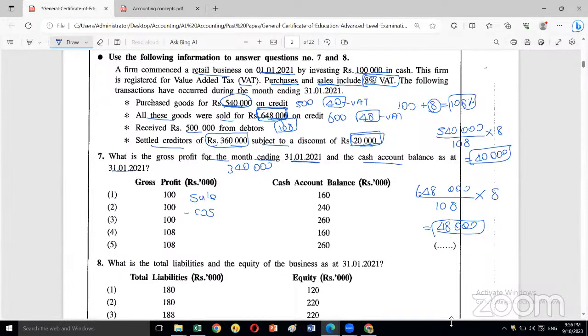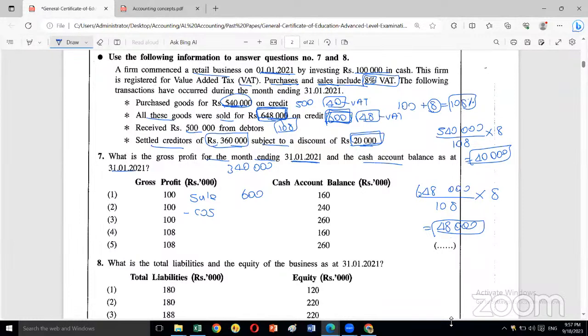No. Always remember, when you are recording in the profit or loss statement, only the VAT excluded amount should be recorded as sales. The VAT excluded amount is 600,000. So the sales is 600,000.